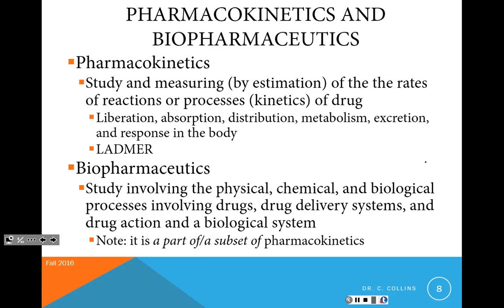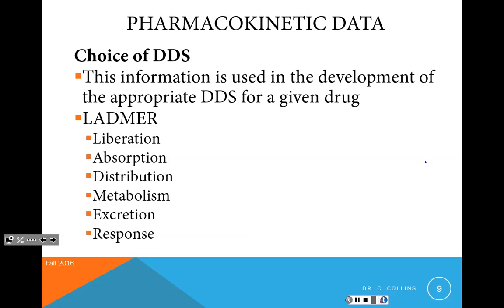So generically, this whole discussion could just be done under the title of pharmacokinetics, but because biopharmaceutics is often broken out as a subset, I wanted you to be aware of that. So how it's looked at, the mathematics, the assumptions are the same within these two situations.